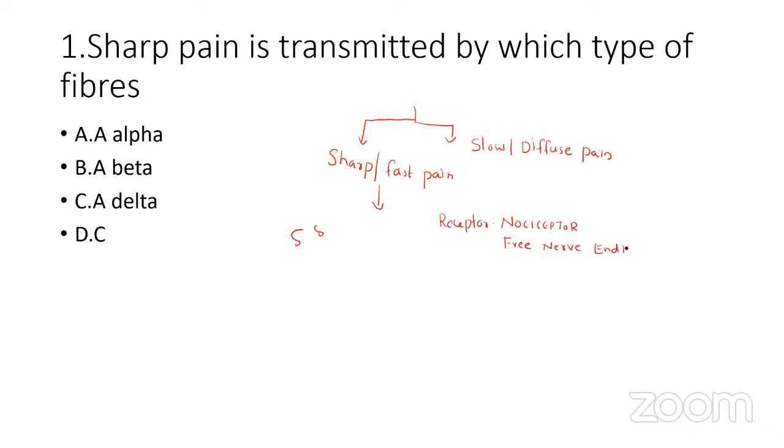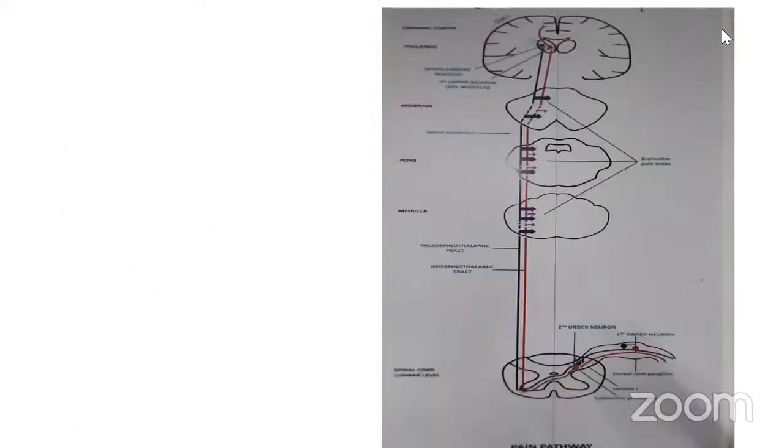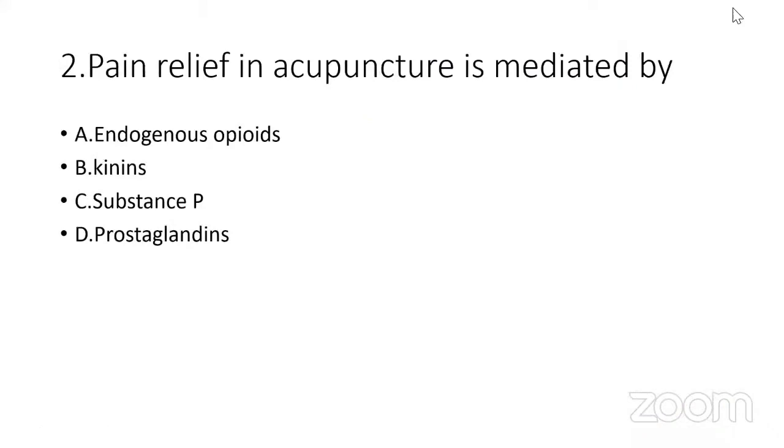And in case of sharp pain, the sensory information is transmitted through A delta fibers. The answer for this question is A delta fibers.